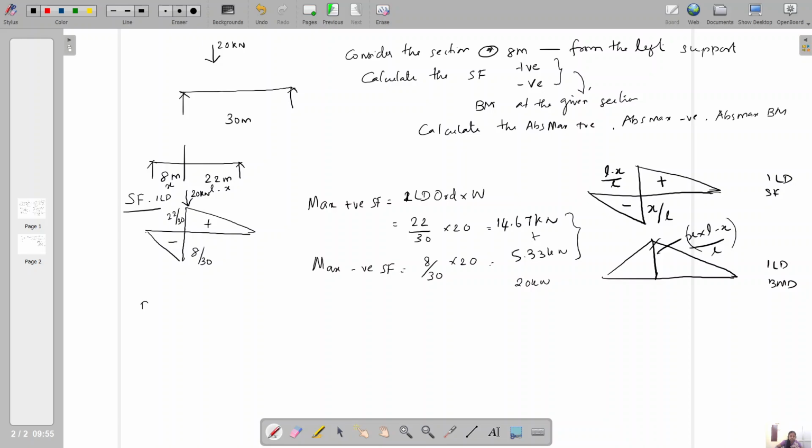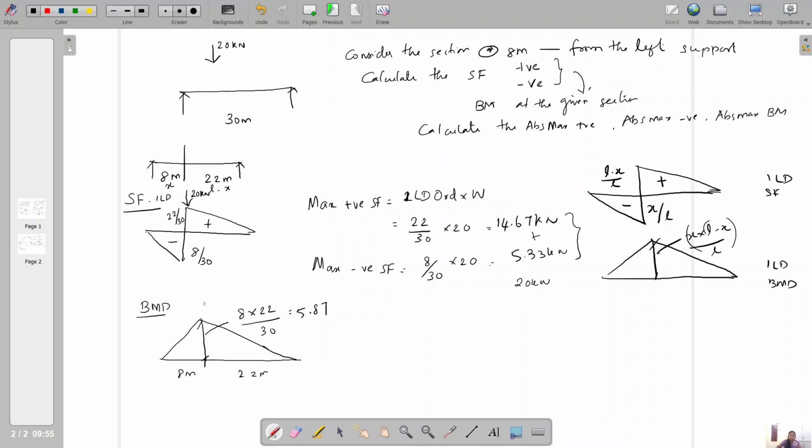Next one, the VMD variation. VMD variation at the given section 8 meter and 22 meter is, this is the general diagram, and the ordinate value is the formula x into L minus x by L. So x is 8, L minus x is 22, L is 30. So calculate the value 8 into 22 by 30, which is 5.87.